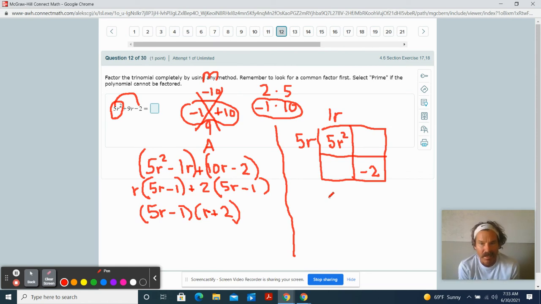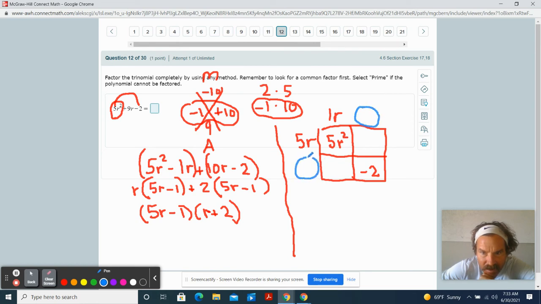Okay. Now, we need to take a guess on what numbers should be here and here. This is why it's called the guess and check method. These numbers here have to multiply to get a -2.